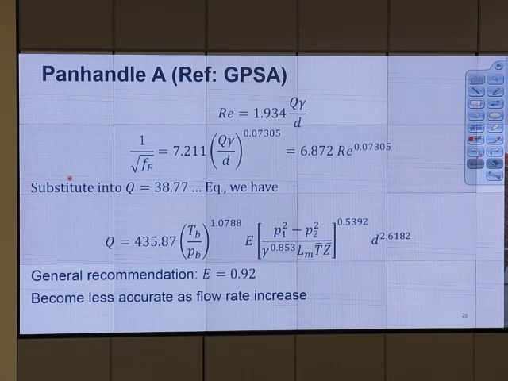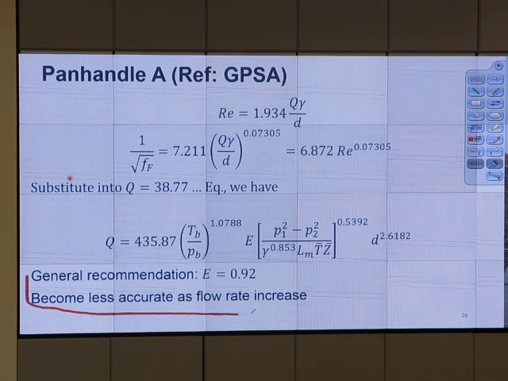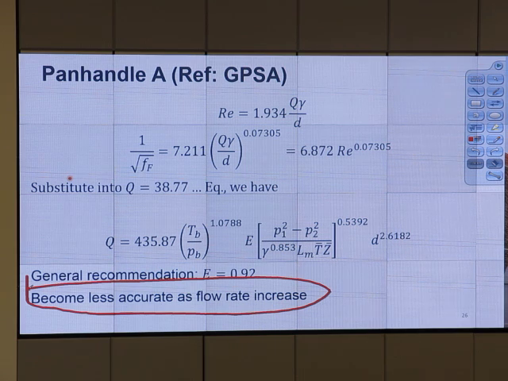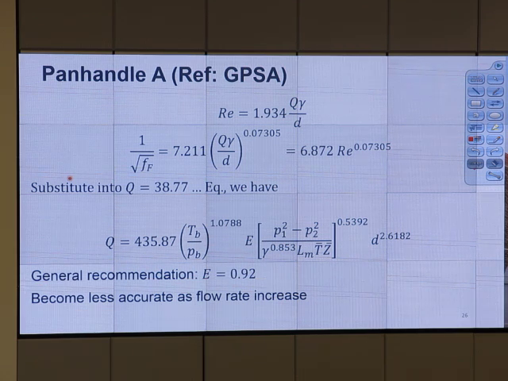That's gamma. So when we find gamma, we do what? Molecular weight of that gas divided by 29 gives you gamma. This equation becomes less accurate as flow rate increases. When flow rate goes up, it becomes less and less accurate.